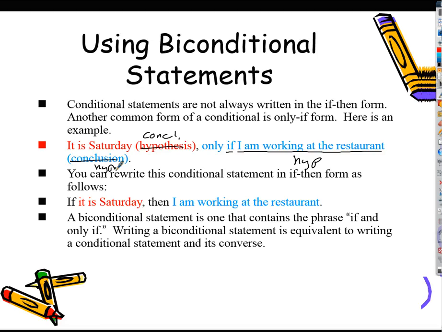Okay. And maybe the way it's written, if it is a Saturday, then I will work at the restaurant. Because I guess you could have a Saturday when you're not working at the restaurant. Maybe if we wrote it that way: if it's a Saturday, then I will spend time working at the restaurant. If that's always true, then that's a biconditional statement, and I could write it in either direction, and it really wouldn't matter.